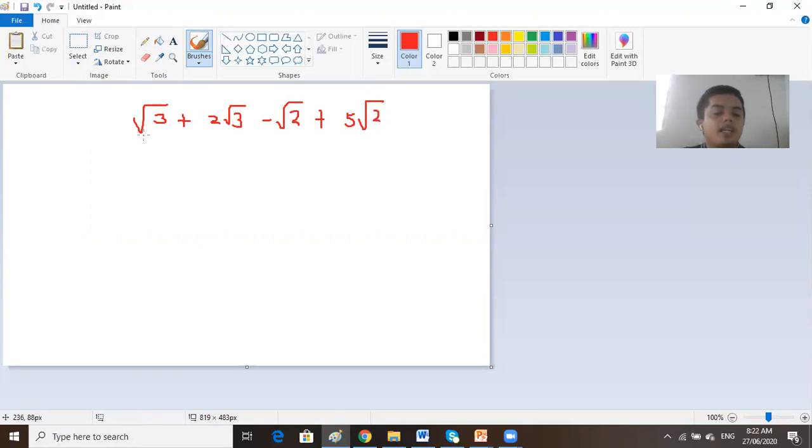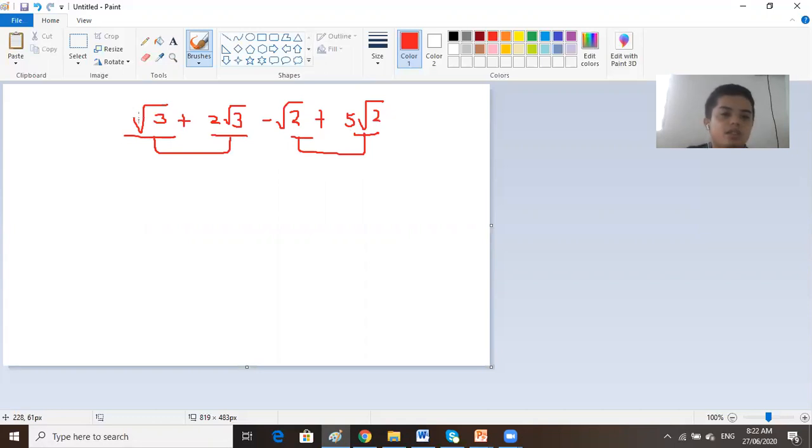You cannot combine a cube root with a square root. This is square root of 3 and this is 2 square root of 3. This one is square root of 2 and this is 5 square root of 2. You cannot combine square root of 3 with square root of 2. So all you have to do is combine this one and then this one.